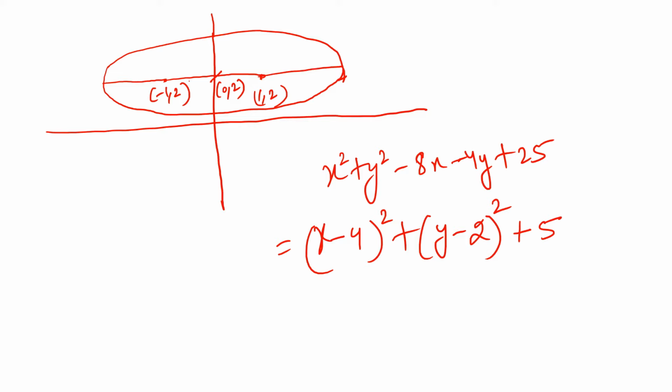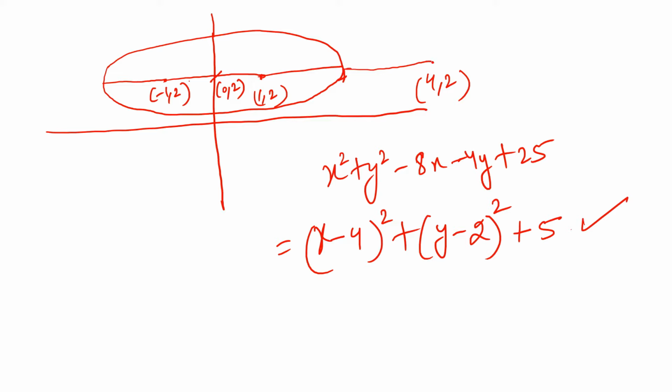Now to calculate the interval or the range for this particular expression, what we need to do is basically find the minimum and the maximum distance of the point (4, 2) from any point lying on this ellipse. Are you getting what I am trying to say?